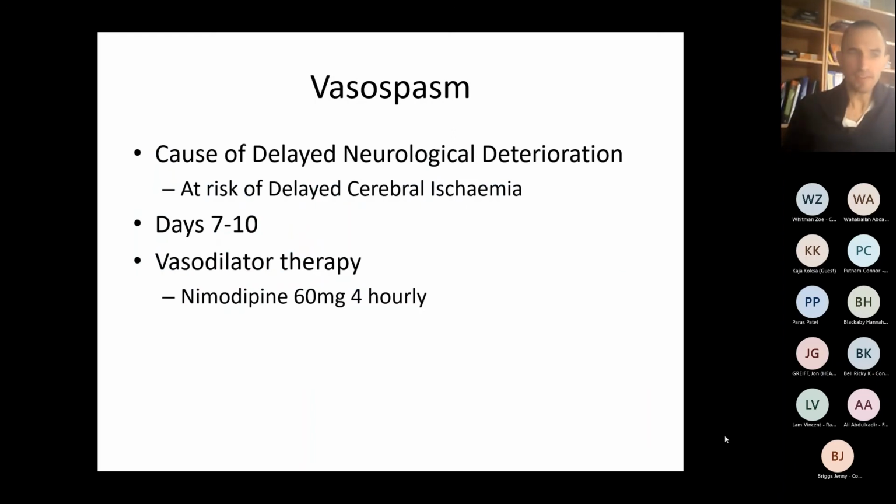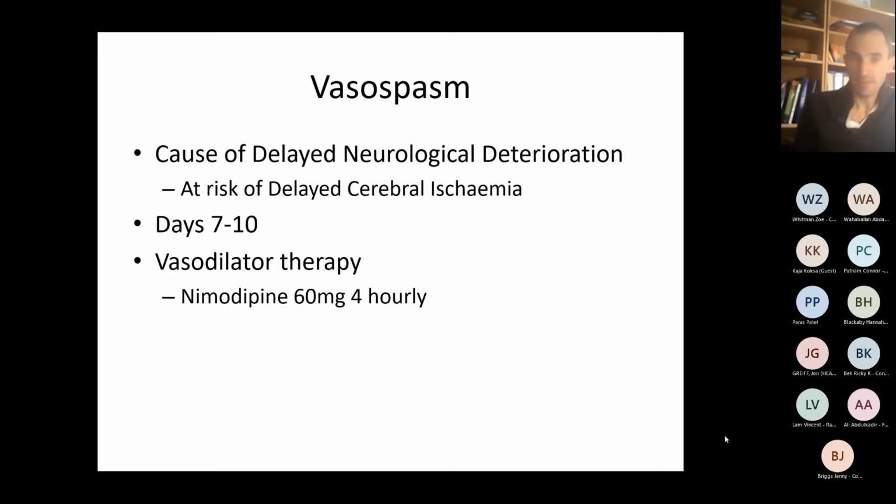I mentioned vasospasm as a cause of neurological deterioration, and vasospasm in particular is associated with subarachnoid hemorrhage and subaneurysmal disease. The blood can be quite irritant, and if you've got a patient who is doing relatively well, they can have a delayed neurological deterioration where they get vasospasm, and then the area distal to that blood vessel becomes ischemic.